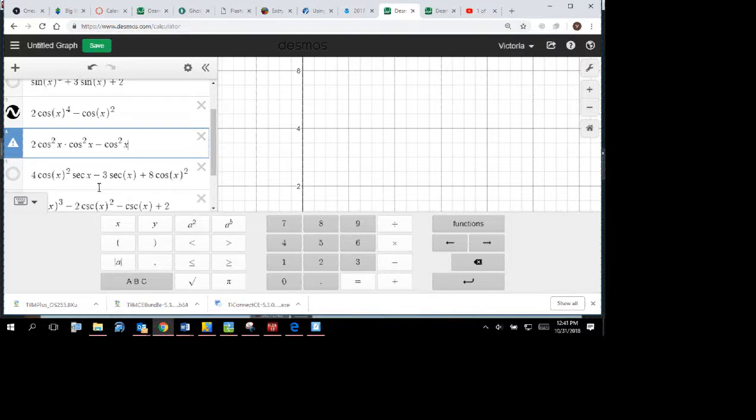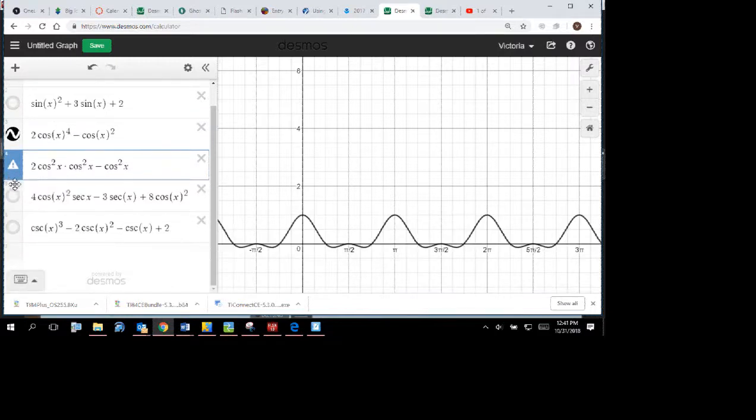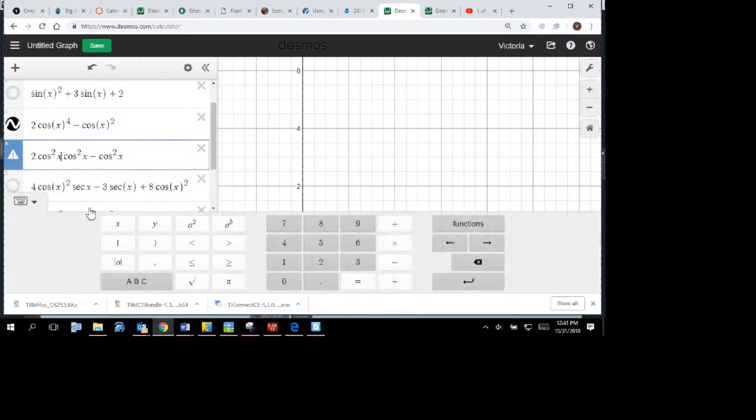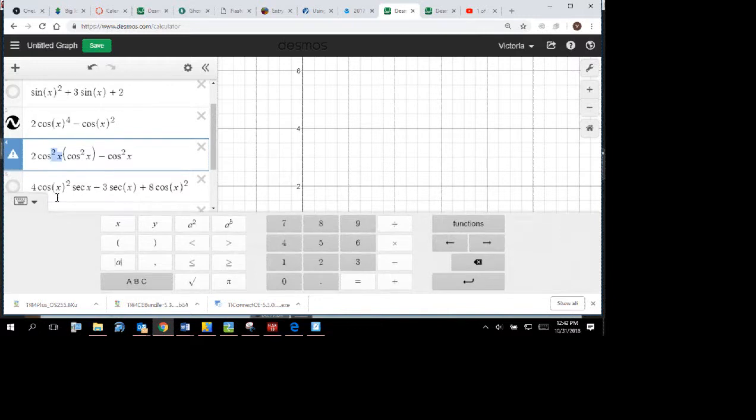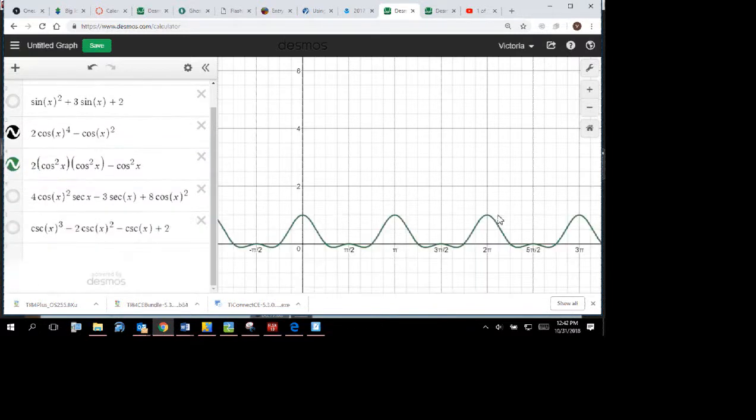Nope, that didn't work. It didn't like that. Use parentheses, so it didn't like the times symbol. Nope, still doesn't like it. Maybe I'll try them here too. There.